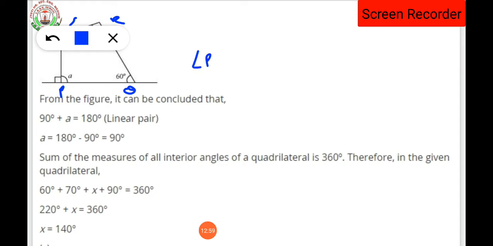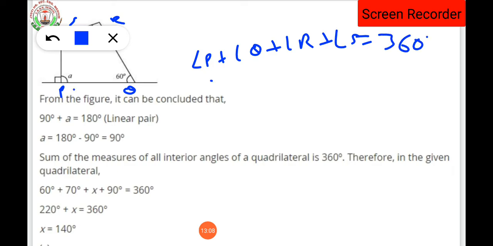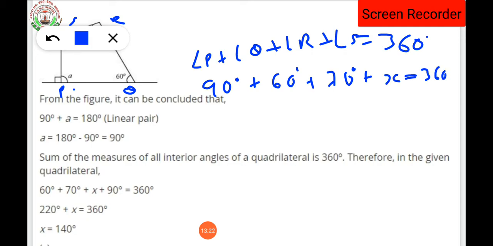So angle P plus angle Q plus angle R plus angle S is equal to 360 degrees. Angle P we have as 90 degrees, plus angle Q 60 degrees, plus angle R 70 degrees, plus the last angle S, which we have to find, that is x.